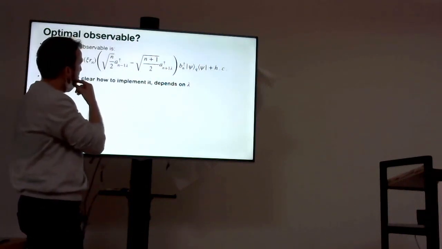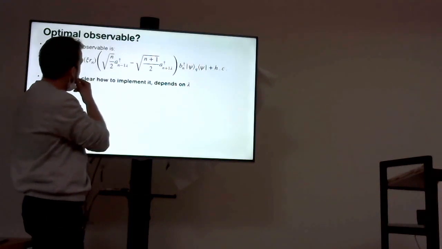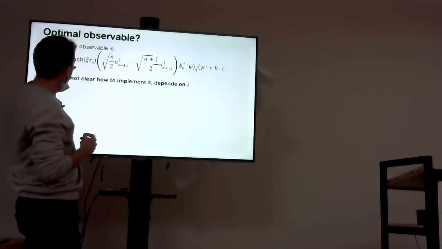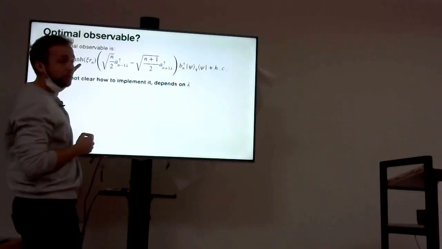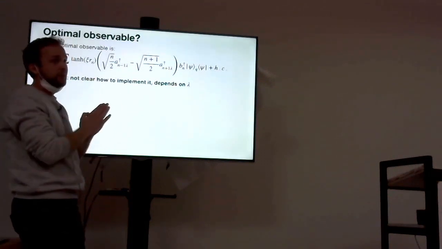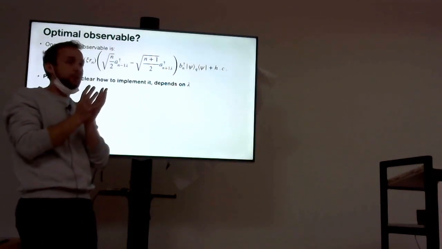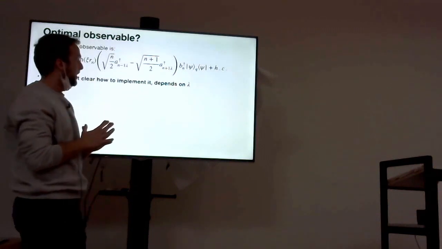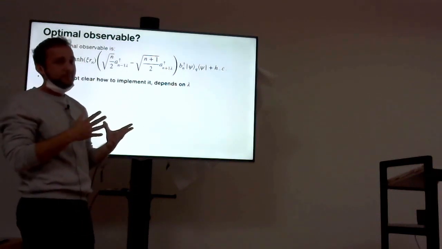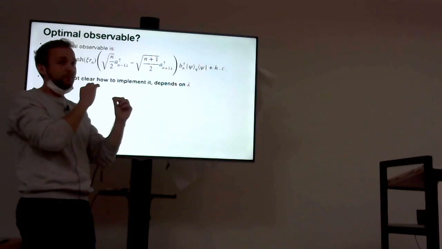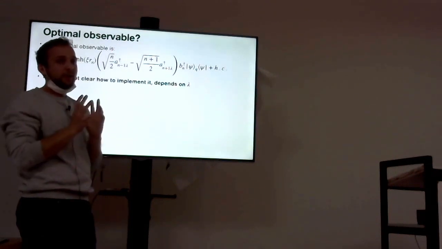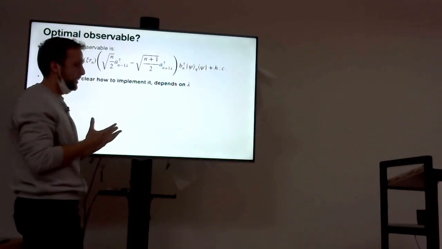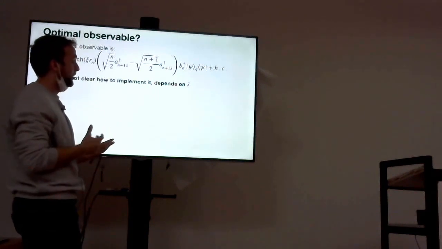Yeah, the structure is quite complicated. And another problem is that this observable depends on lambda, on the parameter itself. So to construct it, you need to know the parameter. And I mean, that's not a huge problem because you can adaptively construct the measurement. But in practice, it would still be challenging.